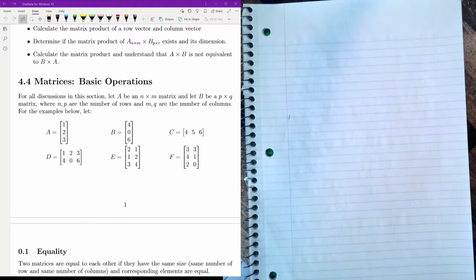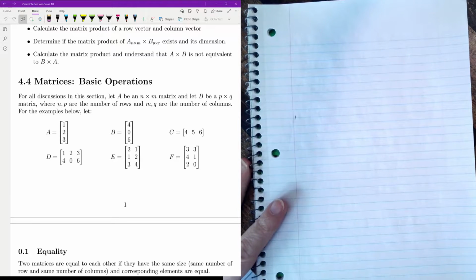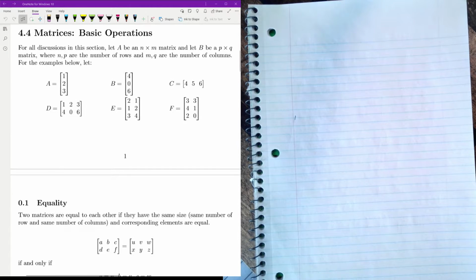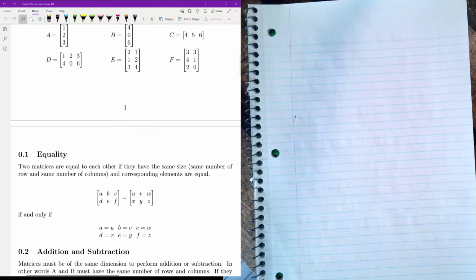And we're going to start by talking about some basic properties. So, equality. One matrix is equal to another if they have the same dimension, so they're the exact same size. If it's a 1 by 2 matrix, they both have to be 1 by 2 matrices, and if and only if each corresponding element is equivalent.